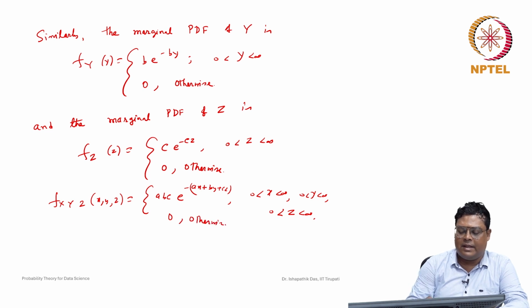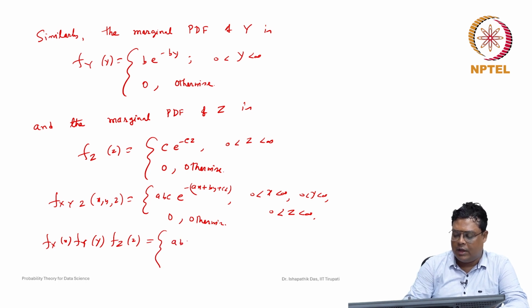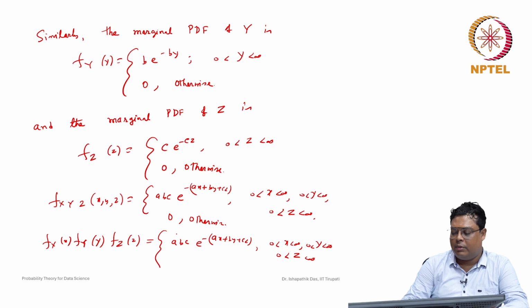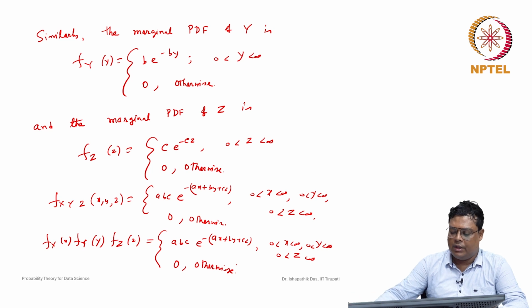Now if you multiply f of x, f of y and f of z, you will see that this is also the same, abc into e to the power of minus (ax plus by plus cz), whenever x, y and z are each greater than 0 and less than infinity. Otherwise this value is 0.